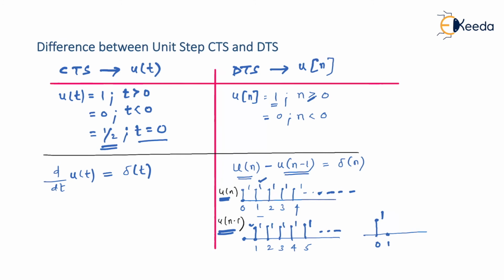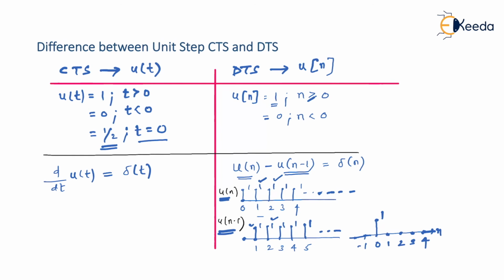Similarly, u of n at n equal to 2 is 1, and u of n minus 1 at n equal to 2 is also 1. Again 1 minus 1 will become 0. So I hope you understood that I'll be getting no samples henceforth. And of course, there is no question of getting samples on the negative time scale either.